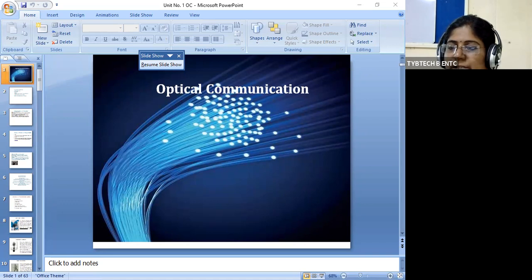Next, less temperature sensitive. Temperature is the parameter. What does less temperature sensitive mean? Temperature does not have much effect on it. If it is sensitive to temperature, its working will get affected easily because of temperature, but as it is less temperature sensitive, glass fibers can withstand, meaning they endure, extreme temperatures.